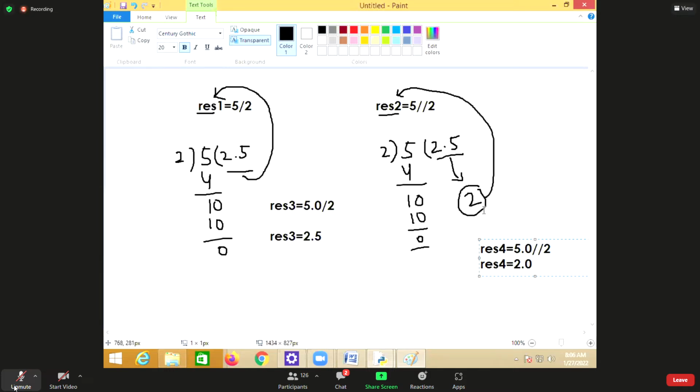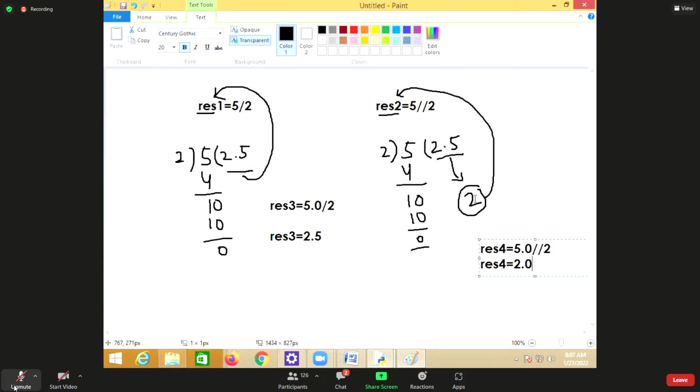But actually the result is 2.5 or 2? It is 2. But that 2 will be converted into 2.0, because of broader conversion. It is not 2.5. It will not take 2.5.